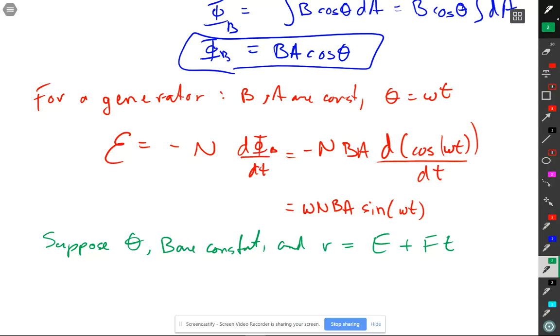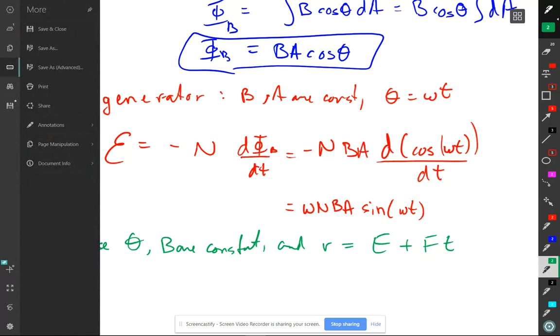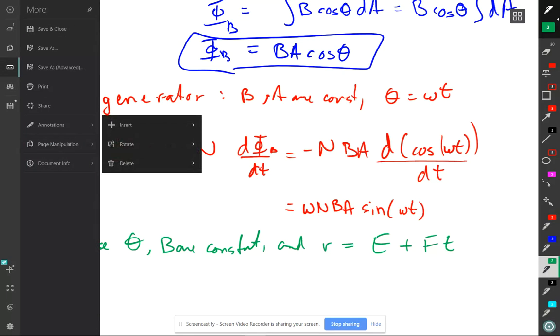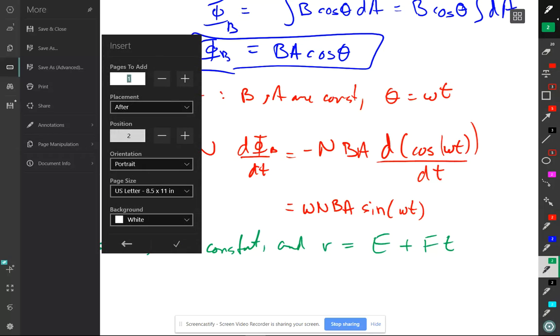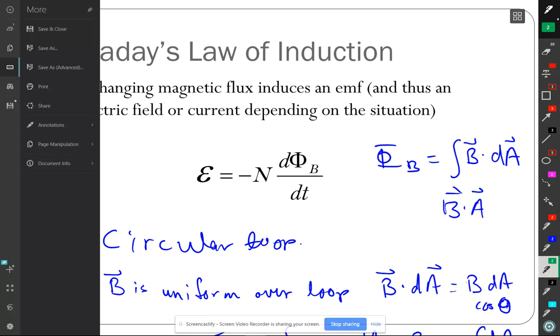So the radius is changing with time. I need to insert a page, sorry. Insert 2 pages. I'm sure I won't use them both, but if I do.